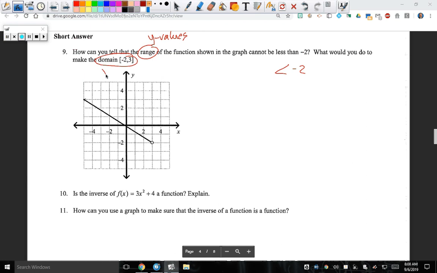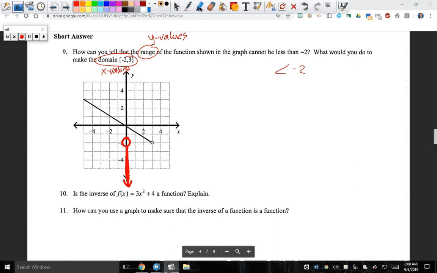So domain is x values from -2 to 3. How can you tell that the range of the function shown in the graph cannot be less than -2? So less than -2 range-wise means over here, not at -2, that's why I have it open, but everything below.